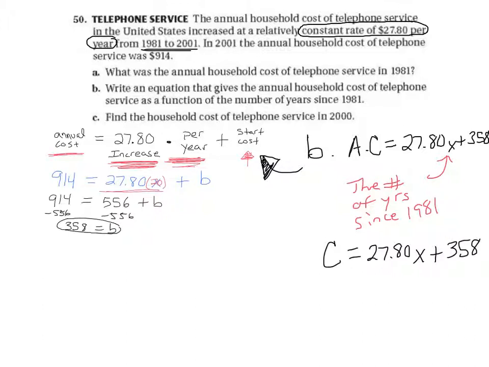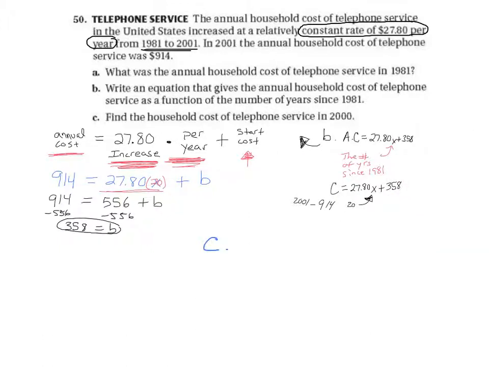And you would imagine if you put in a 20 here for x, and multiply that times 27.8, and add 358, you would go back to this idea of $914. If you put a 20 there, because 20 years after would be 2001, and we already learned that the cost was $914.